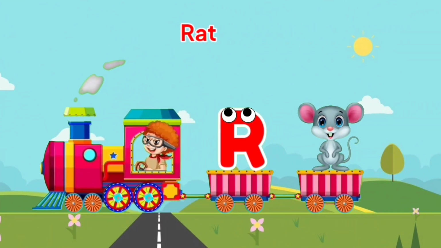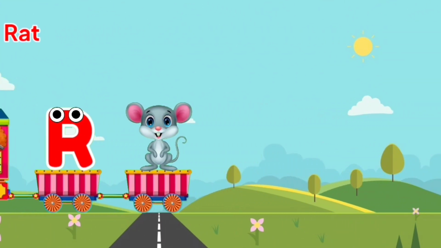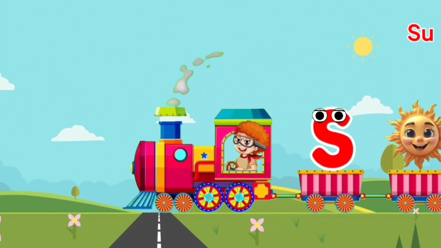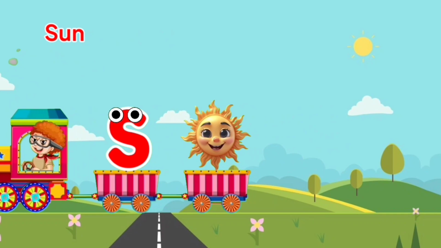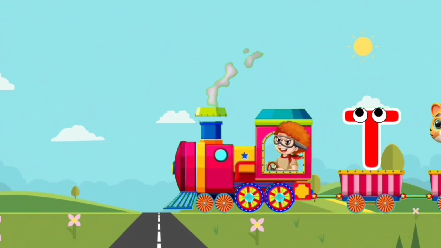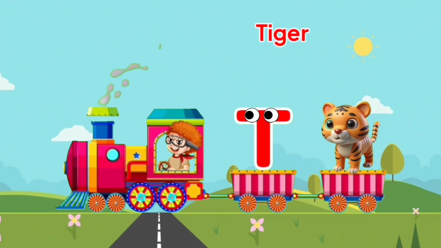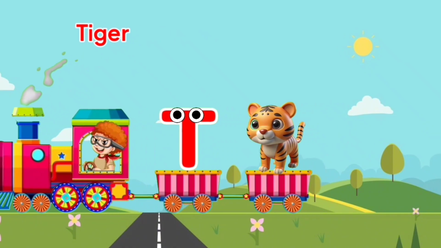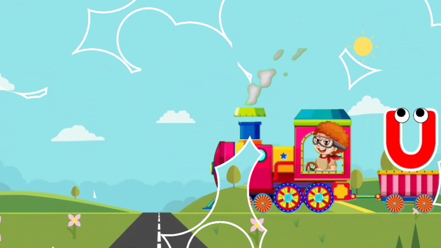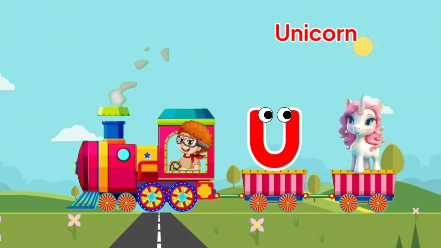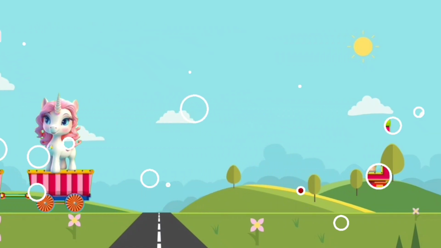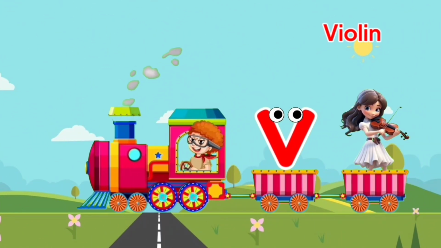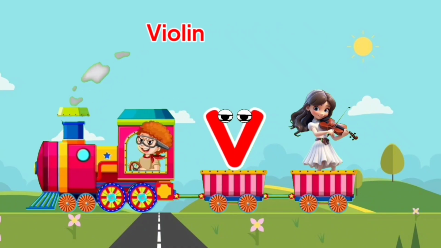R for rabbit. S for sun. T for tiger. U for unicorn. V for violin.